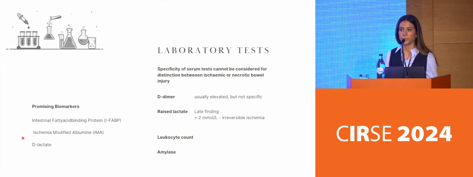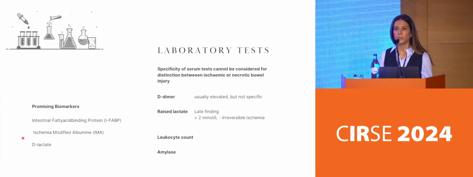It means irreversible ischemia, but if we have a normal lactate level, we cannot exclude acute mesenteric ischemia, so this should not be used for diagnosis. The same goes for leukocytes and amylase and so on. Hopefully, there are some promising biomarkers on the way. Maybe we can use them in the near future, but for now, there are none available.